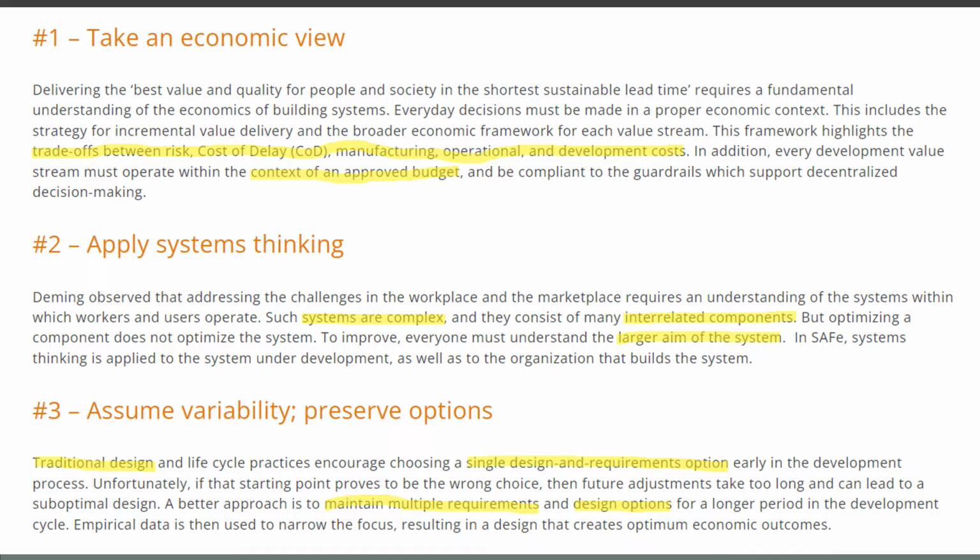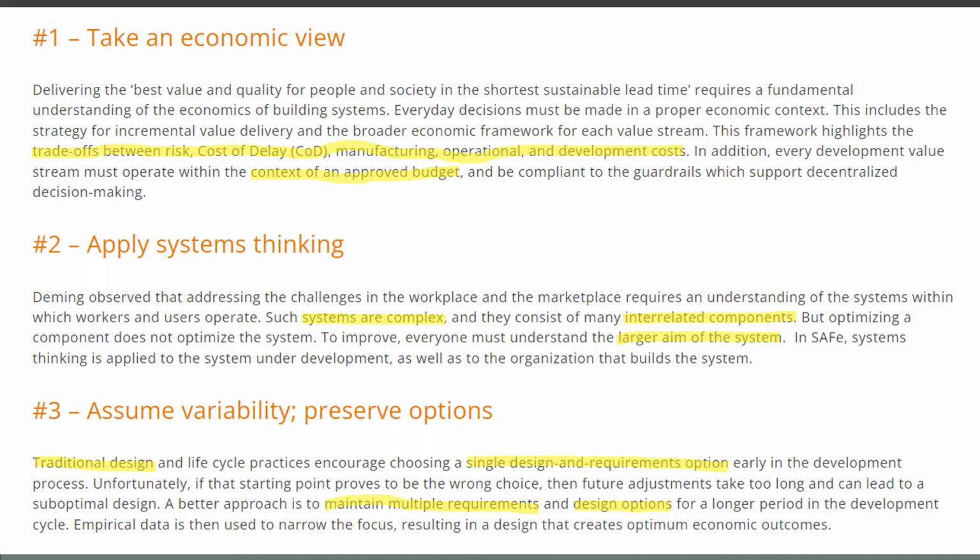The first principle in SAFE is take an economic view. Delivering the best value and quality in the product for people and society in the shortest sustainable lead time requires a fundamental understanding of the economics of building systems. So every decision must be made in a proper economic context, right?